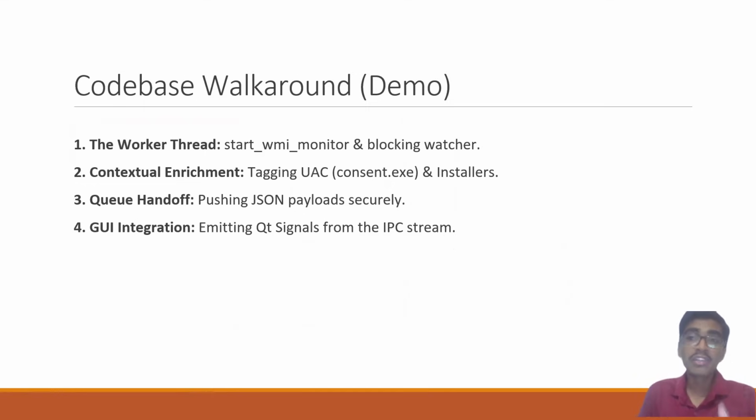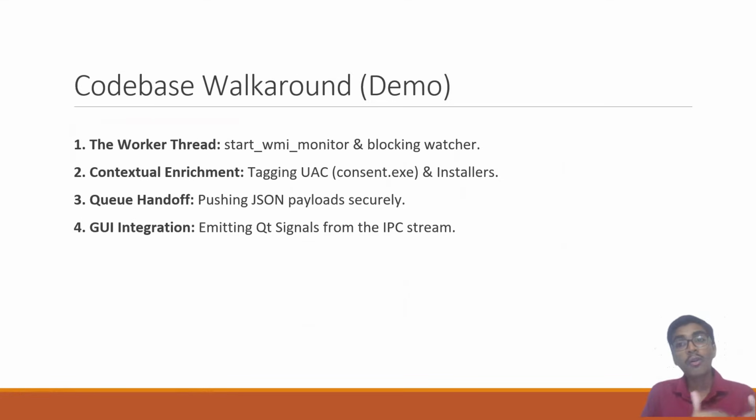Now we have to see how we coded these different functionalities: the WMI, how we created the worker thread, how we tag the UAC and installer using consent.exe and the name parsing, and also where we made the event queue and how we put the data, the JSON payload, into the queue as well as write it in the log.